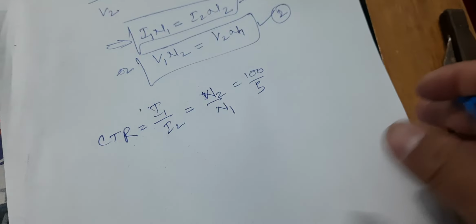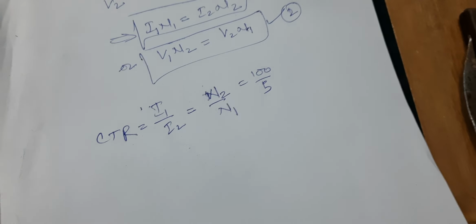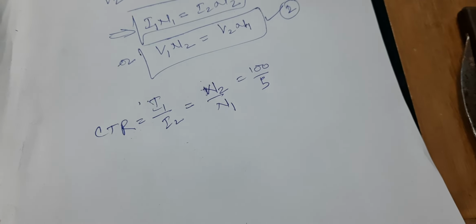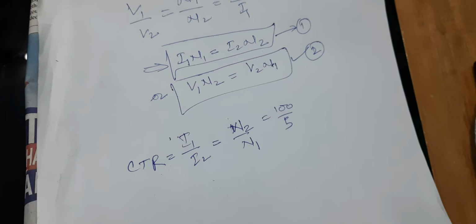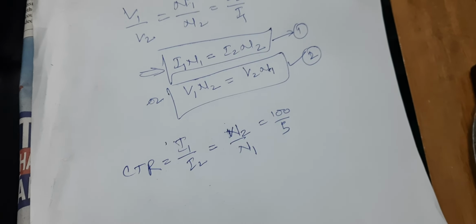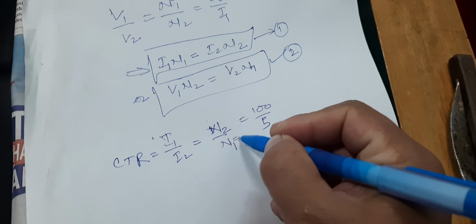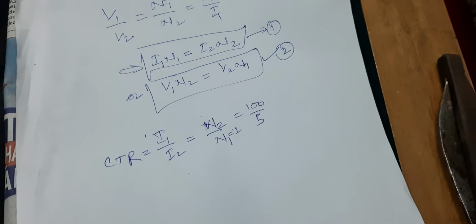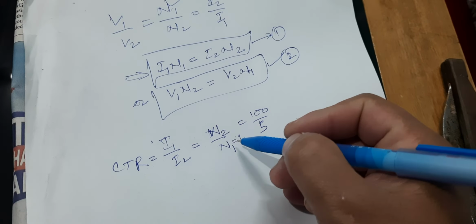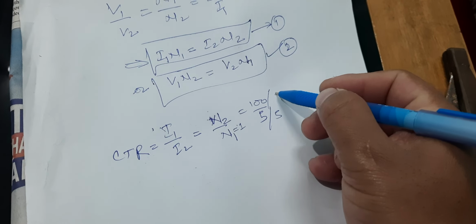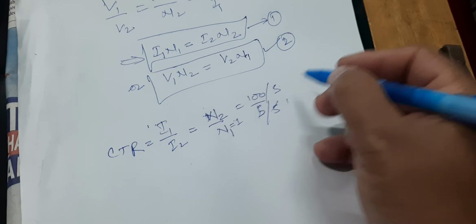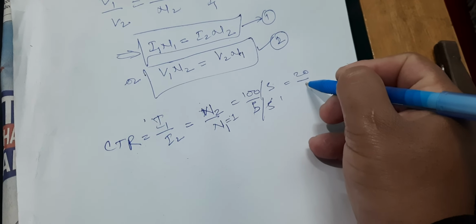Now this 100 by 5, because it's a ring CT, means the number of turns in the primary is 1 only. So let us reduce N1 to 1. If I divide this by 5, and divide there also by 5, it becomes 20 by 1, right?